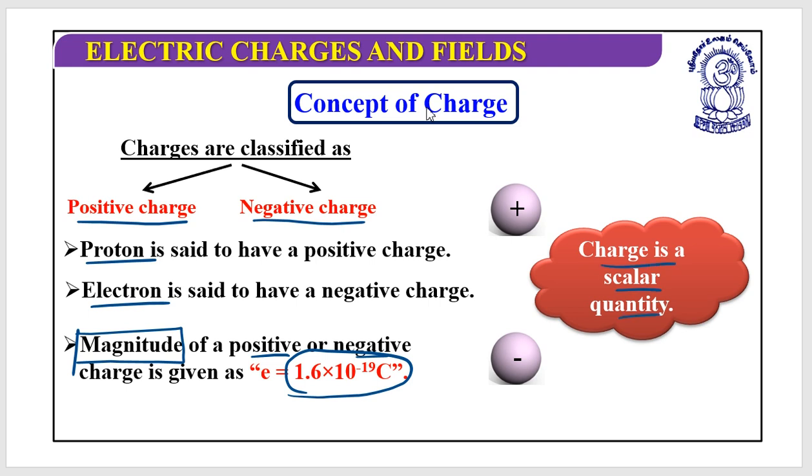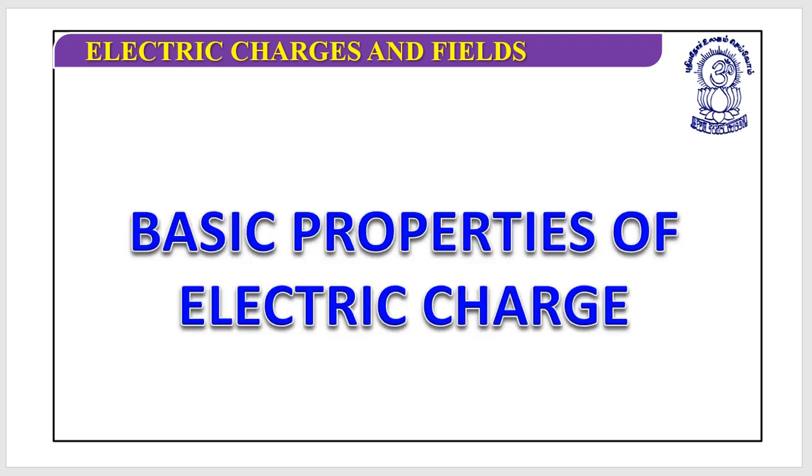So while adding it up, we do not need to bother about the direction because it is a scalar and can be added with scalar addition only. So the charge of a proton is positive, the charge of an electron is negative, and the magnitude of one charge is 1.6 into 10 to the power minus 19.